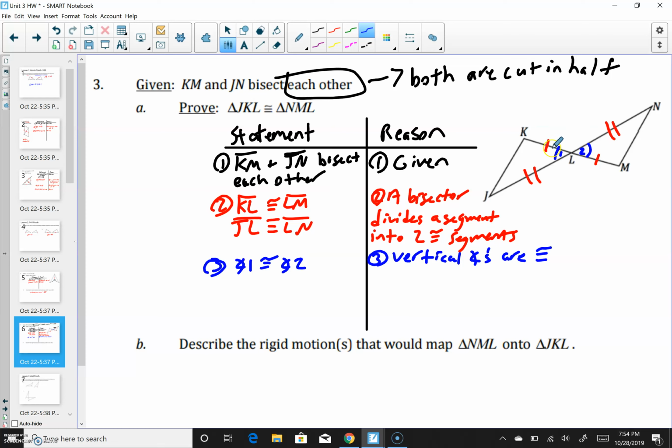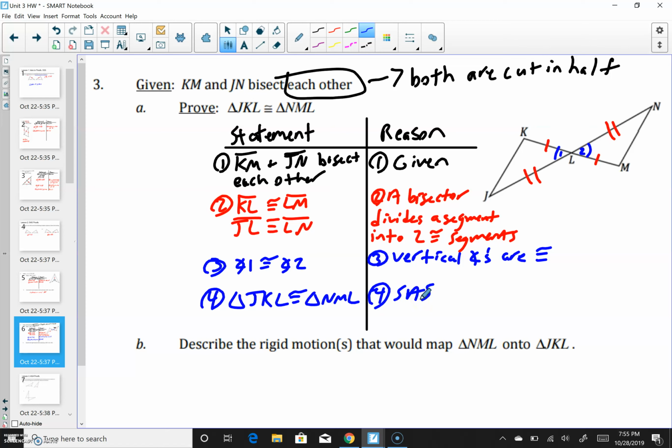Now as I look at our triangles, I have side, angle, side, and side, angle, side. Notice I started counting from the 1 hash mark in the left triangle, so I start from the 1 hash mark in the right. This is enough information now. Triangle JKL is congruent to triangle NML, and our pattern is going to be side, angle, side.